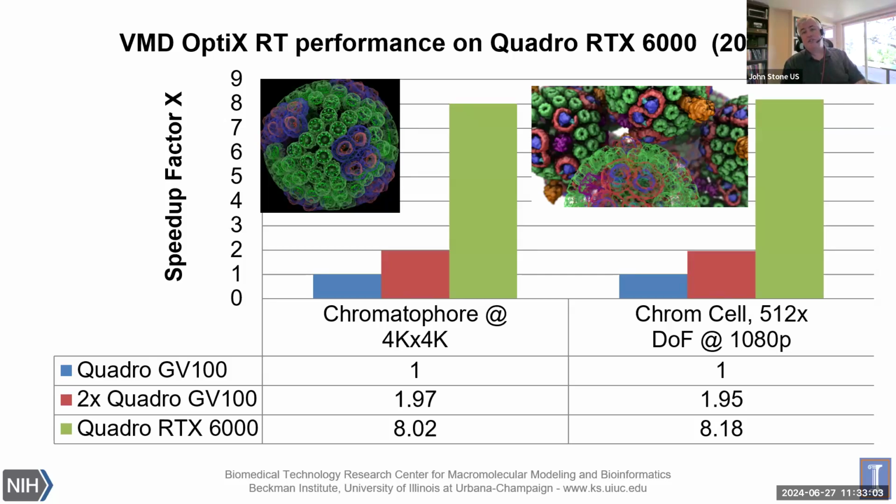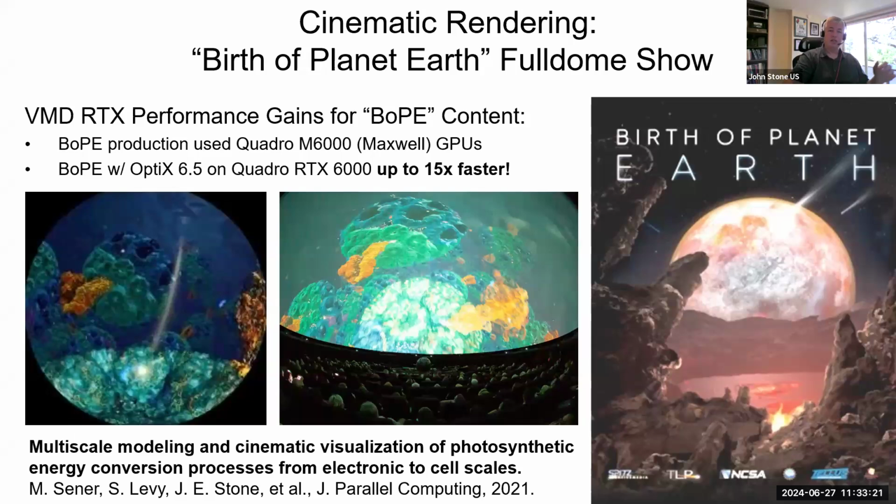And this is the thing that is going to allow us to change VMD's main viewport renderer from using OpenGL to being able to do interactive ray tracing all the time. So that hardware acceleration means that it's fast over the entire range of system sizes.